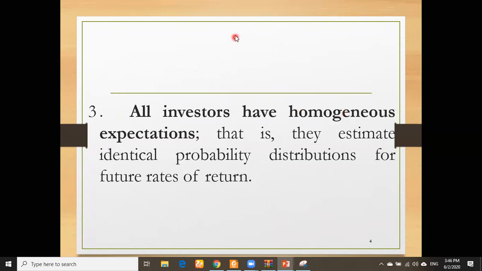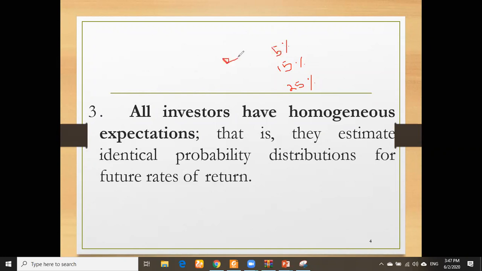For example, in chapter 1, we tried to understand, for example, we say there is a possibility to earn 10%, there is a possibility to earn 15%, and there is a possibility to earn 25% return, right? Or let me say, for example, this is 5%.